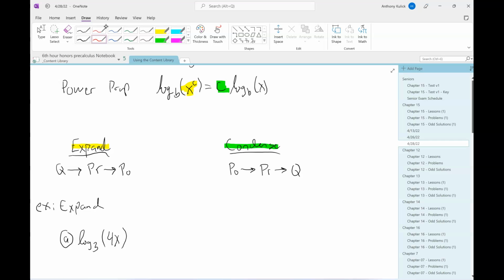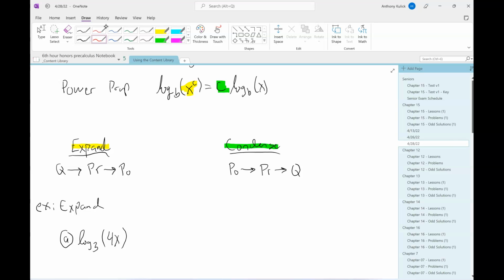All right, our first example is log base 3 of 4x. So which property do we look for first when we're expanding? Quotient is the first thing on our list. Now, if we look at this, is there a quotient property present? No. Okay. Next would be product. Is there a product property here? Yes.